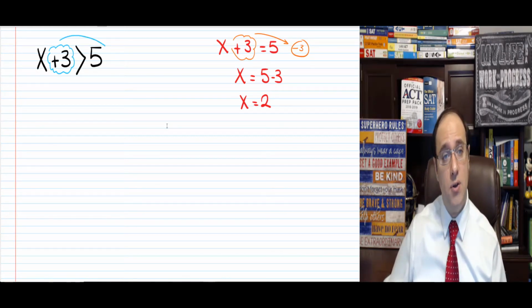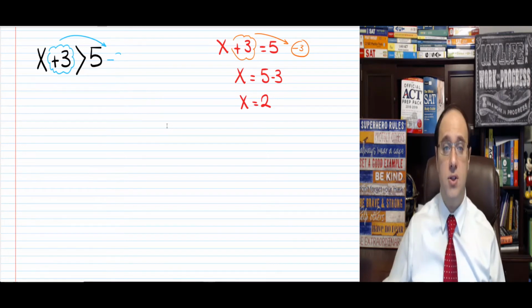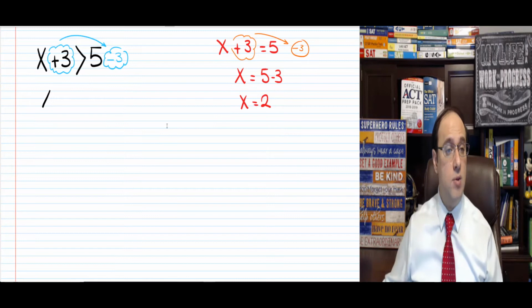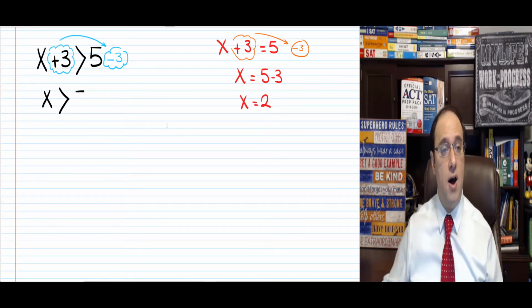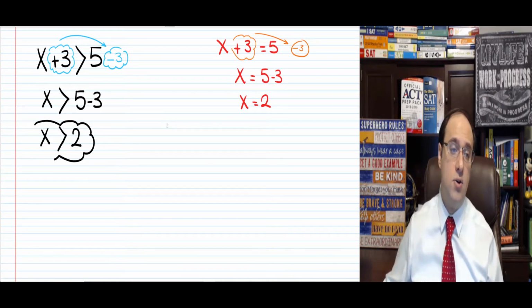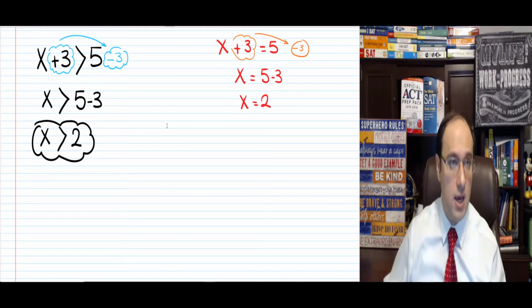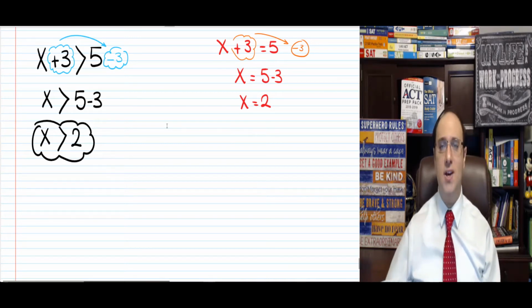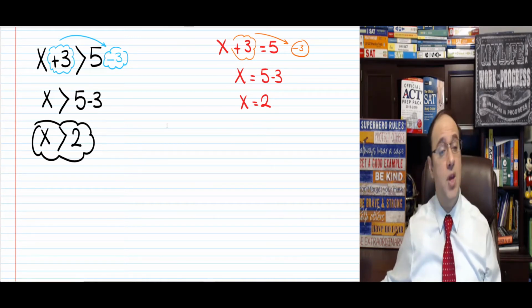So I move it to the other side as minus 3, just as I used to do in equations. This leaves me with x is greater than 5 minus 3, which means x is greater than 2. So my final answer is x is greater than 2. Easy? Easy.